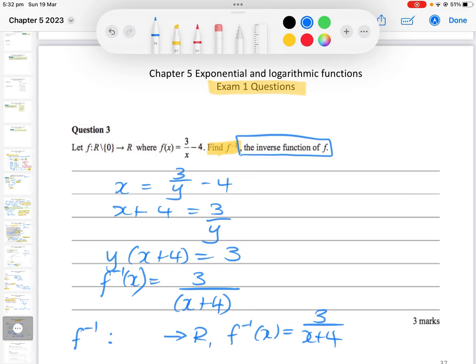So what you need to do is put in the domain here, which is the range of the original. Sorry, that's the wrong way around. We want to find the domain of the inverse is just the range of the original.